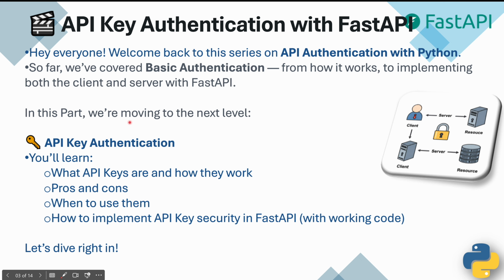In this part, we are moving to the next level: API key authentication. You will learn what API keys are and how they work, pros and cons, when to use them, and how to implement API key security in FastAPI with working code. Let's dive right in.